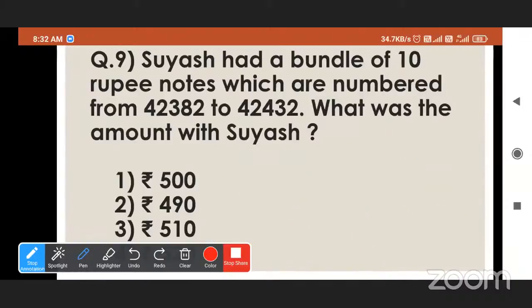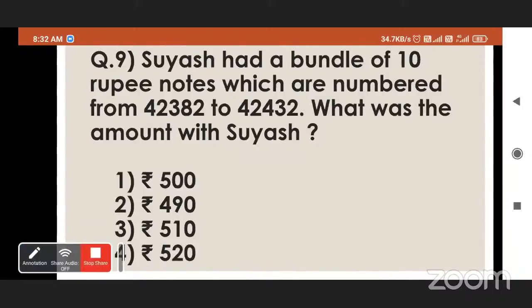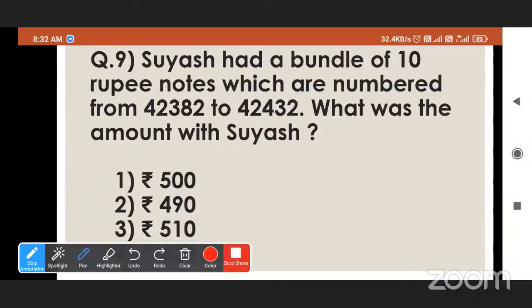So see, we can write it as: to find out the notes from 111 to 100, we can subtract the smaller number from it and we get 11. We add 1 to find out the total number of notes.